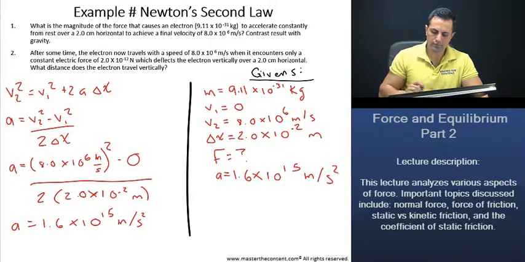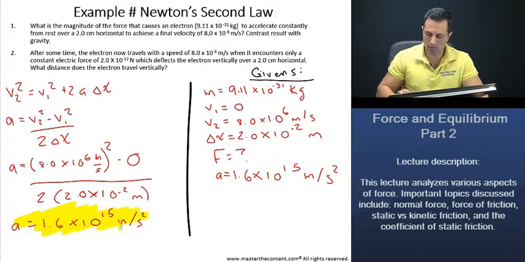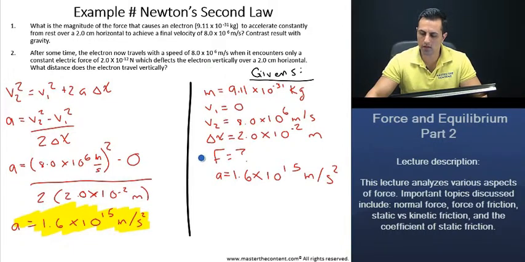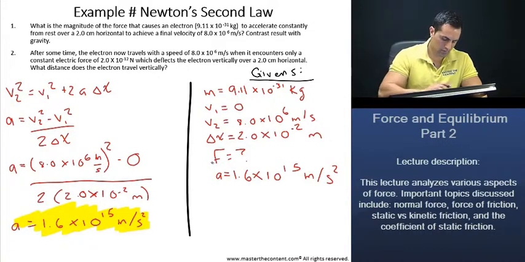There's our acceleration. Now that we have our acceleration and we have our mass, we can go ahead and find the force that causes that electron to accelerate. Okay, wonderful.